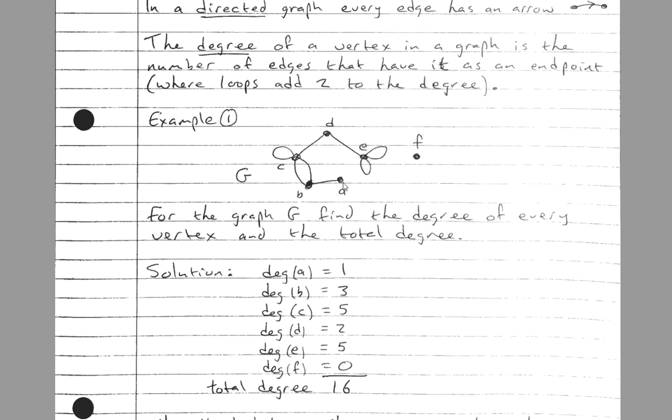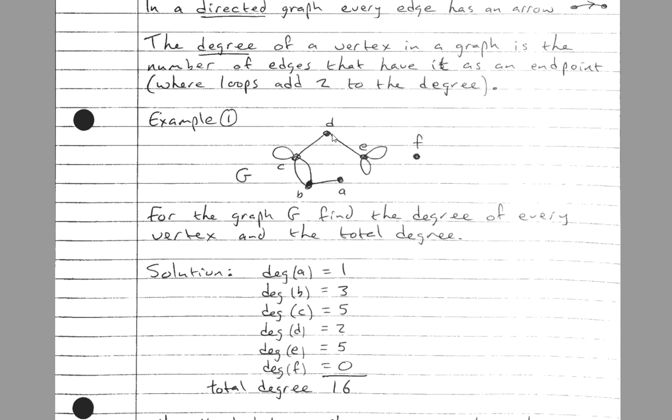So the degree of A is 1, it's the endpoint of just one edge. Degree of B is 3. You can see 3 edges. The degree of C is 5. So 3 regular edges, and then a loop adds 2 more.